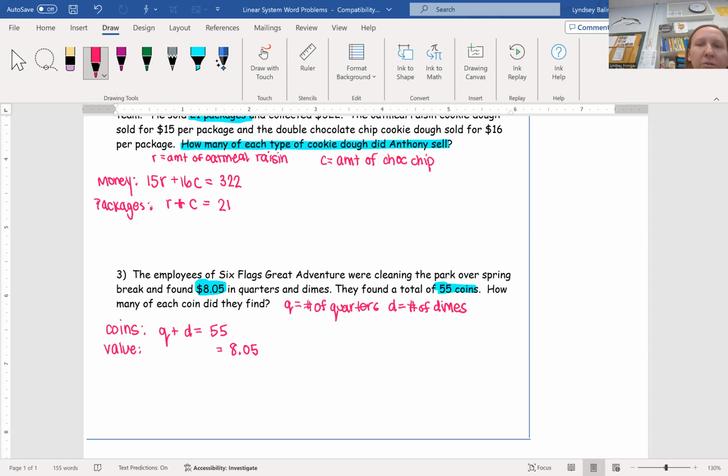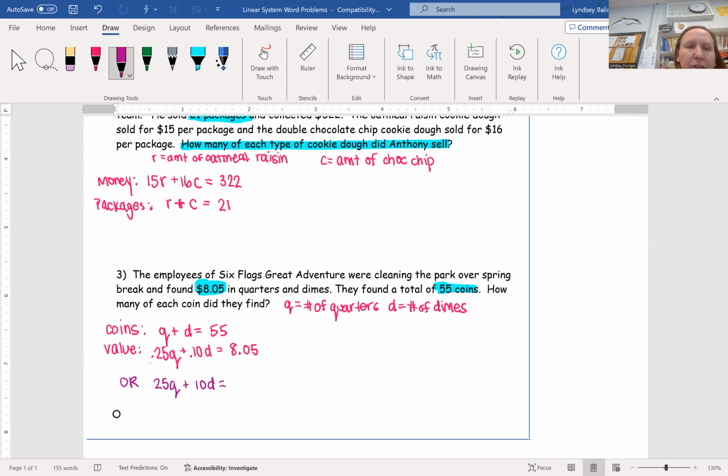So if Q is the number of quarters, to figure out how much money our quarters are worth, we would do 0.25Q, 25 cents for each quarter, plus 0.10, or just 0.1, it doesn't matter, times D. If the decimals bother you, you could do 25Q and 10D.